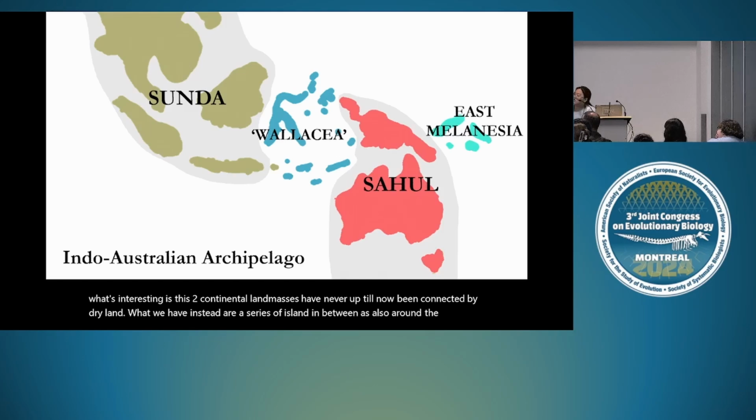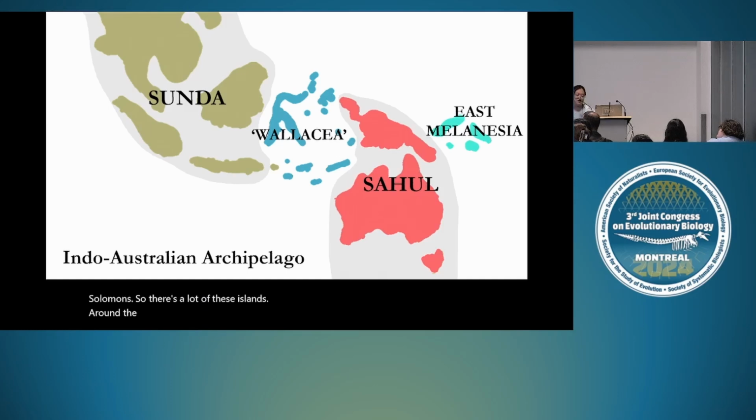So there's the transition zone of Wallacea that Octavio alluded to earlier, but also the islands towards the east of New Guinea, the East Melanesian islands like Fiji, Vanuatu, and the Solomons. Rather than a direct land bridge, we have these islands.